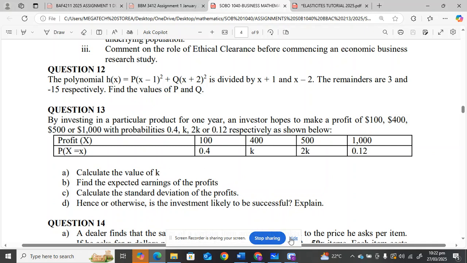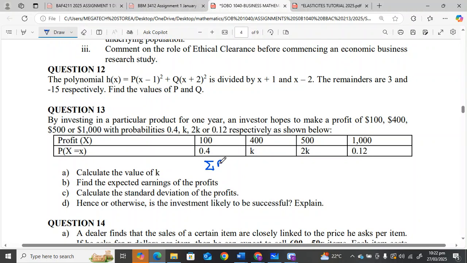So basically, remember probabilities always add up to 1. So you say the summation of the probabilities equals 1. So you make an equation here.